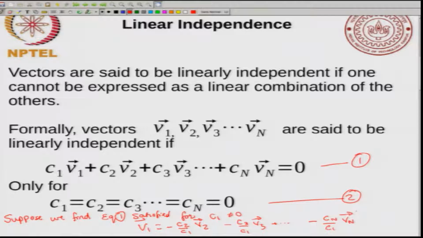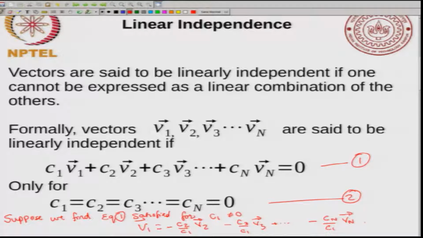Why I am writing this is that c2 by c1 is now a real number, as is c3 by c1 and so on. So, I wrote v1 as a linear combination. This is called a linear combination, where you multiply each vector by a real number and add them up. So, I wrote v1 as a linear combination of v2, v3 up to vn.